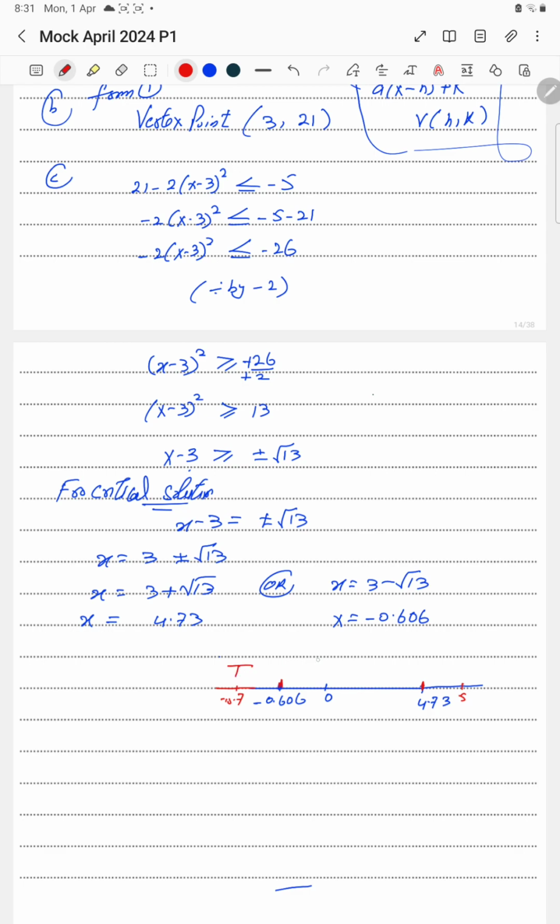We'll see this is true, and this is true, because once you replace this value, the result should be greater than or equal to 13 with values of x from here. So we will see these two rules are true. So the x values are: x is either less than or equal to 3 minus root 13, or x is greater than or equal to 3 plus root 13. This is the set of values we have calculated so far, the final answer for this question. I hope it is clear.